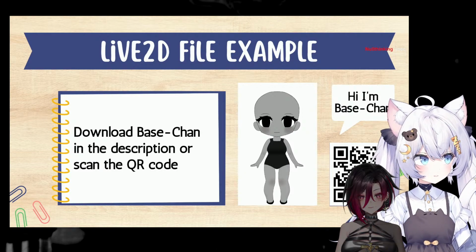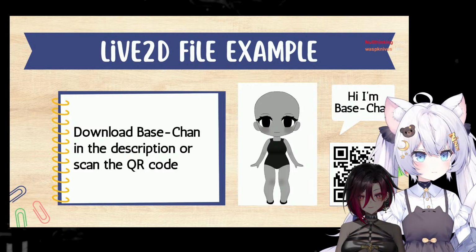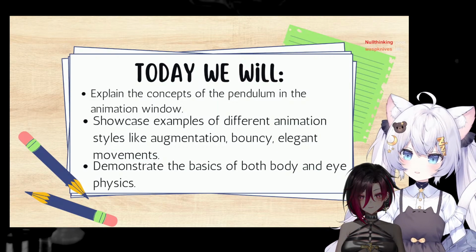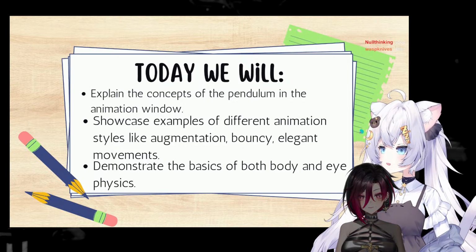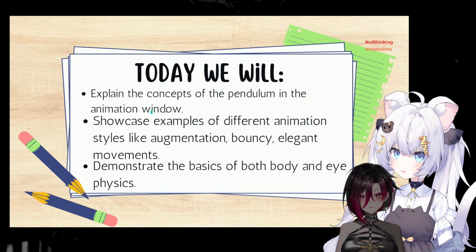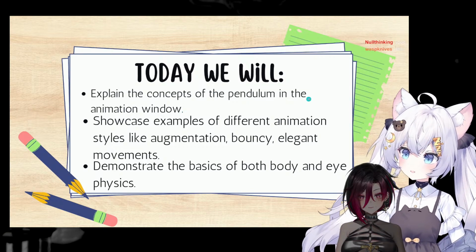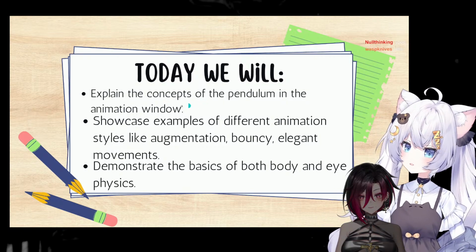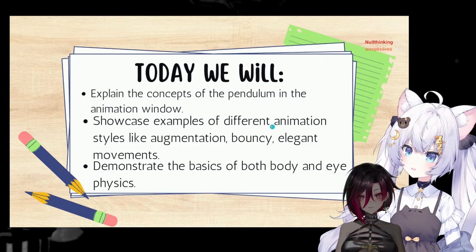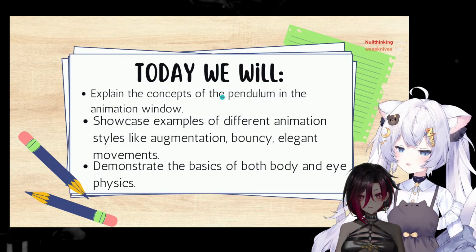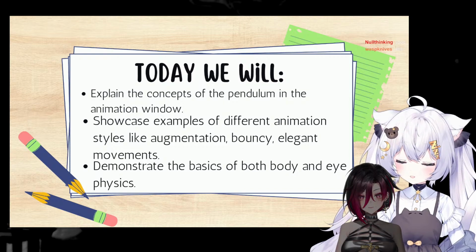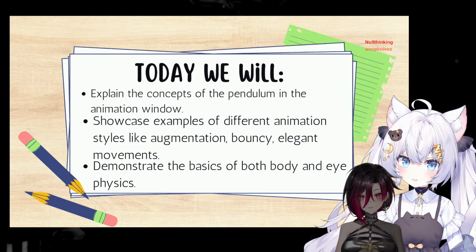Alrighty, here we go. So today, I will explain the concepts of the pendulum in the animation window. Don't worry, you'll understand what that means in a moment. I'm going to showcase some examples of different animation styles, like how someone was asking in a previous lesson, how do you make yourself lean forward and then move your body from the side to side?